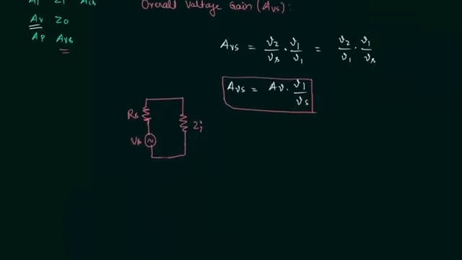So we have voltage V1 across the impedance Zi, and let's say current flowing in this circuit is equal to I.